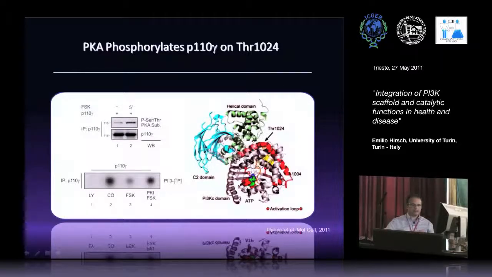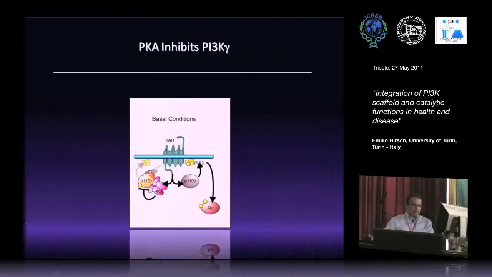So basically, this threonine 1024 is a ridge just outside the catalytic pocket. So we think that there are good structural bases for this phosphorylation to inactivate PI3 kinase gamma activity. So in basal conditions, PI3 kinase gamma is turned down, and it's turned down by PKA.